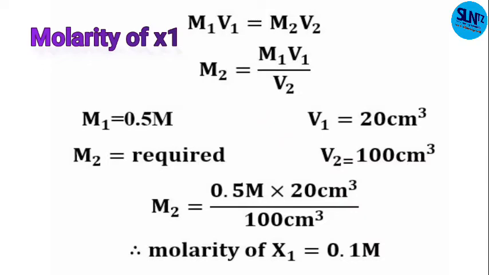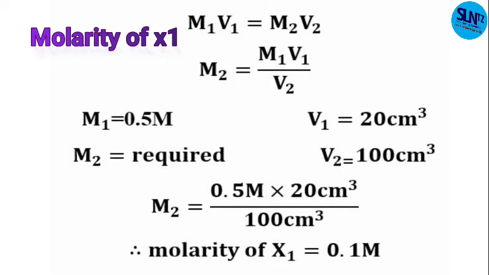So we use the dilution formula, M1V1 equals M2V2. We are going to find the molarity of the diluted solution, which is M2. So the molarity of diluted is equal to M1 times V1 over V2.